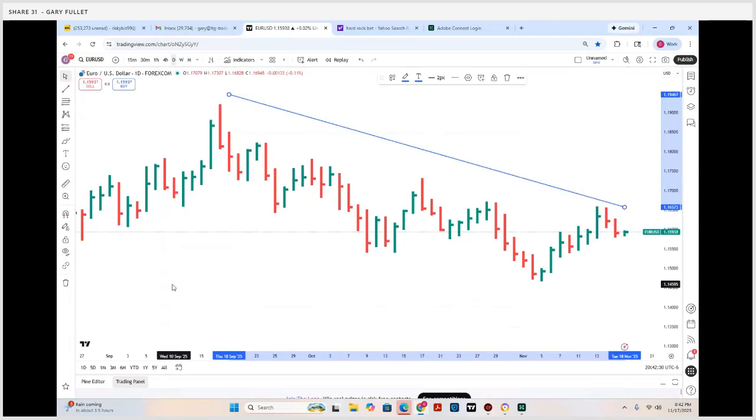So, as I mentioned to you for a long time, the Russell's been lagging. I mentioned the other day, the NASDAQ has been underperforming the S&P 100. That's that change of character and change of behavior of distribution that I think you're going through right now in the market. Okay? So we have the bond market going a little higher, and the U.S. dollar getting stronger or the euro getting weaker.